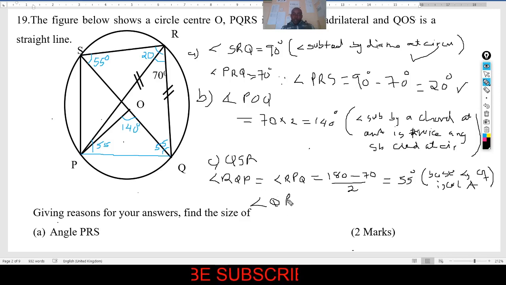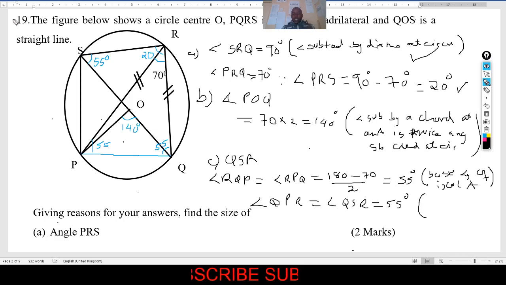QPR equals the angle I'm asking, that is angle QSR, which is equal to 55 degrees. You must give the explanation that they are angles subtended at the circumference by the same chord.